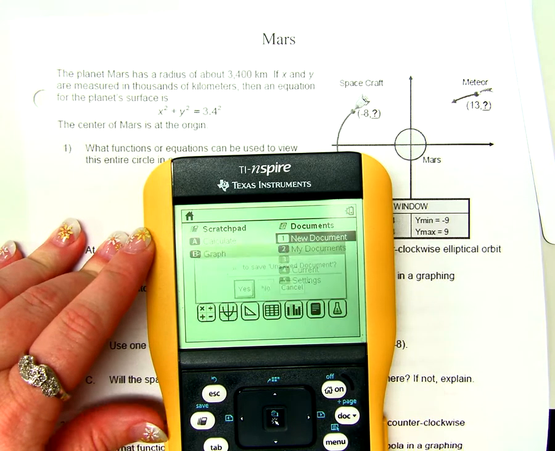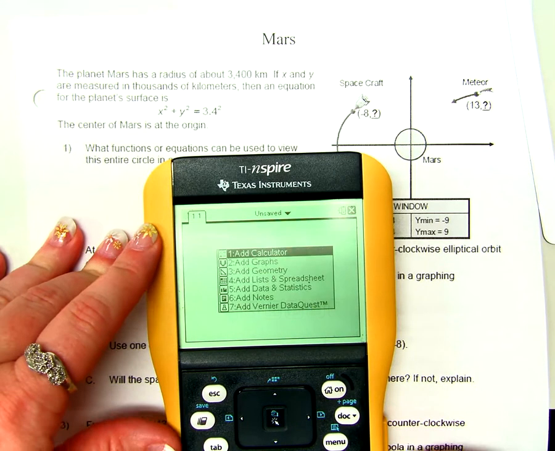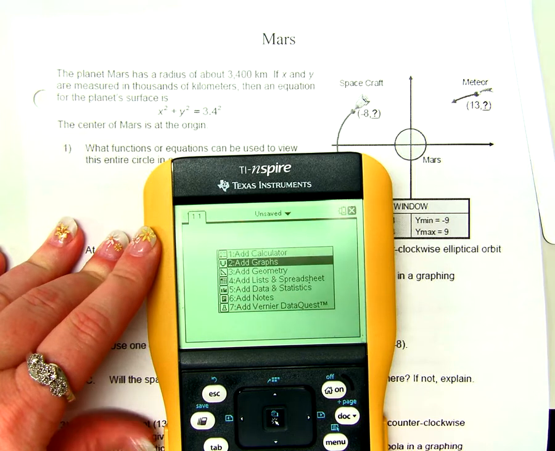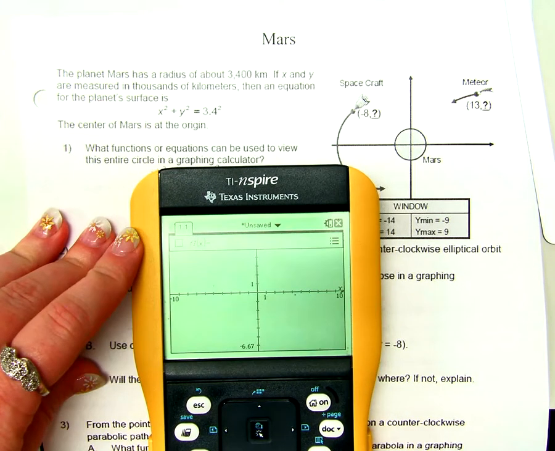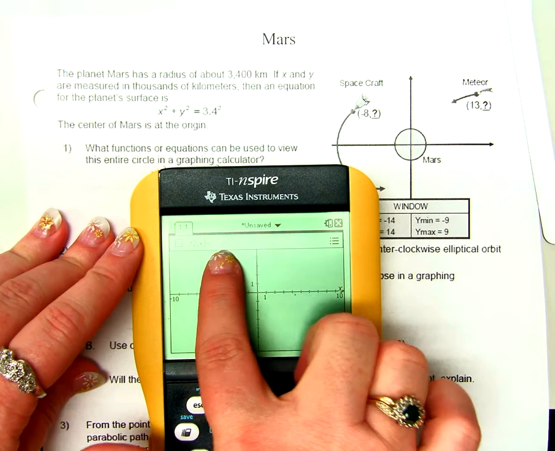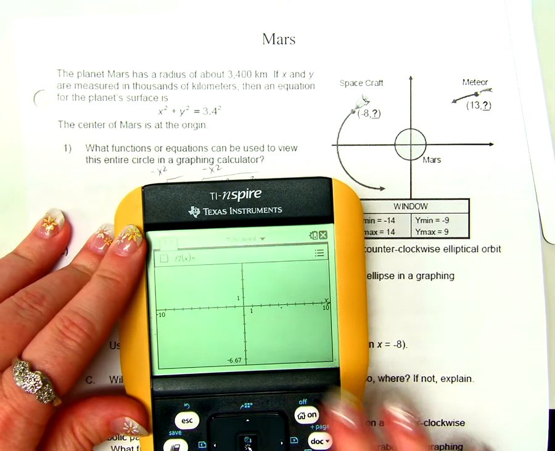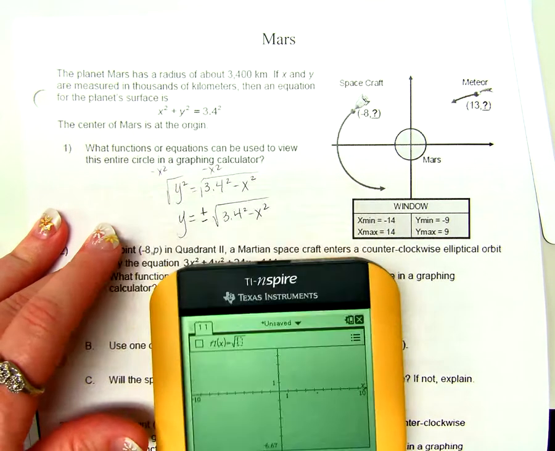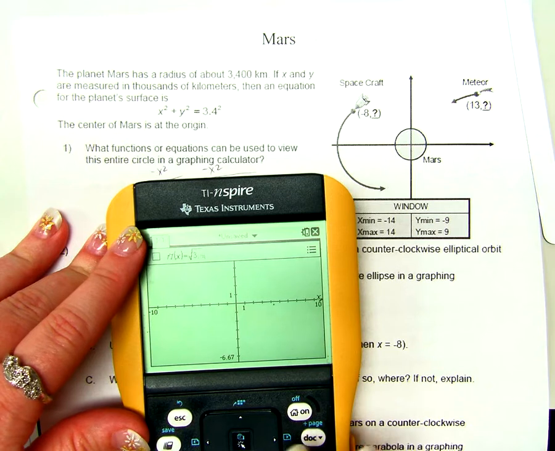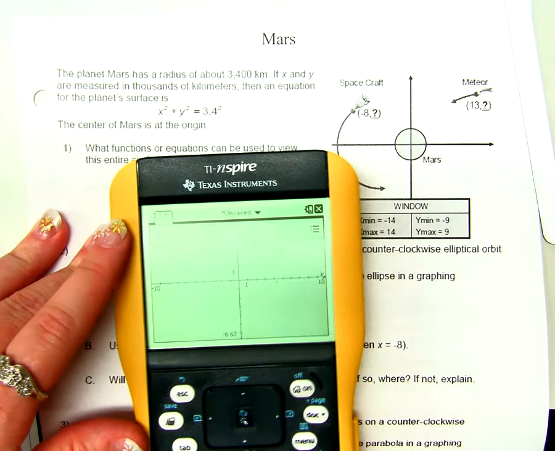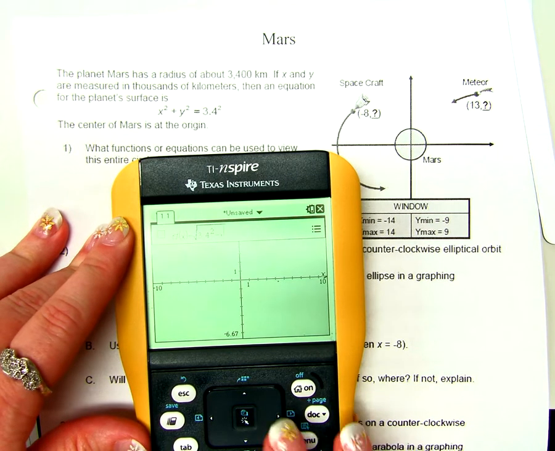I'm going to start a new document that is a graph page. So I already have my entry line, right? I need the square root of 3.4 squared minus x squared.